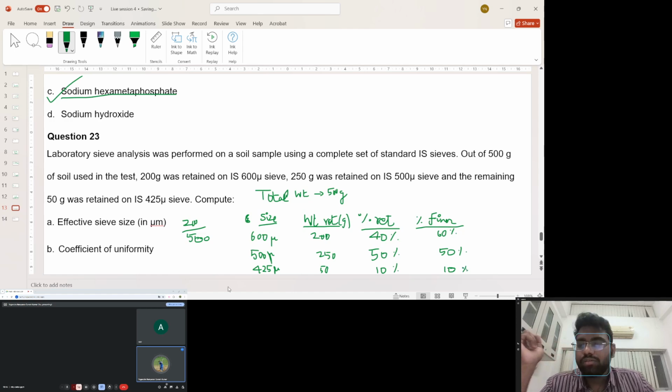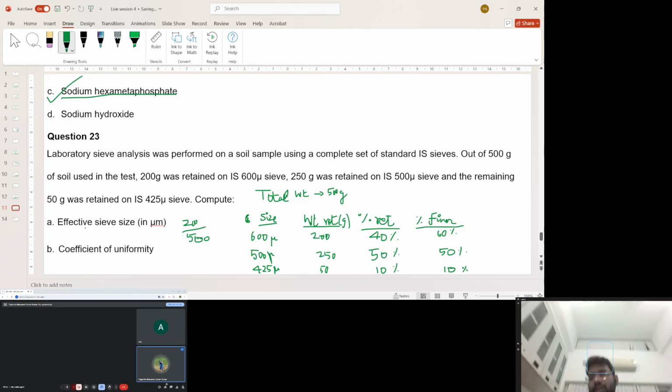The first question is the effective size. Effective size is the size where 10% is passing, which is defined as D10, or the effective diameter.